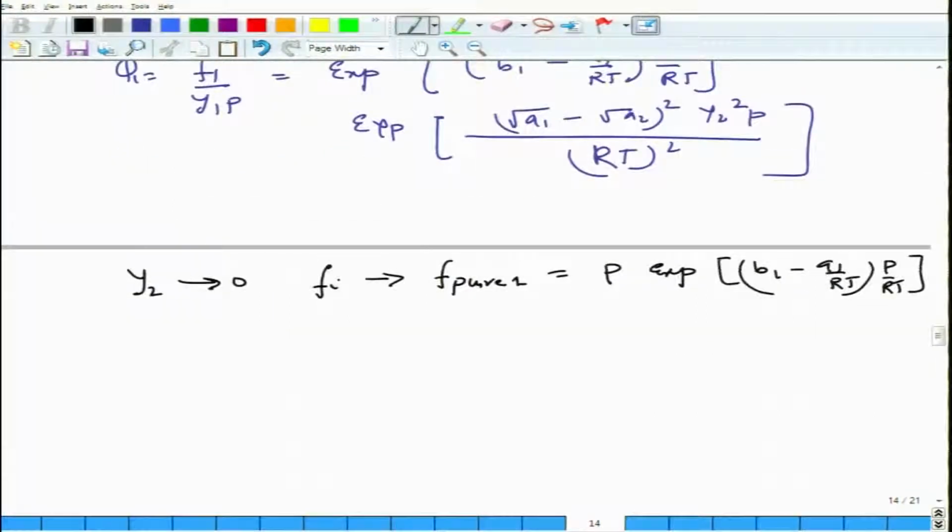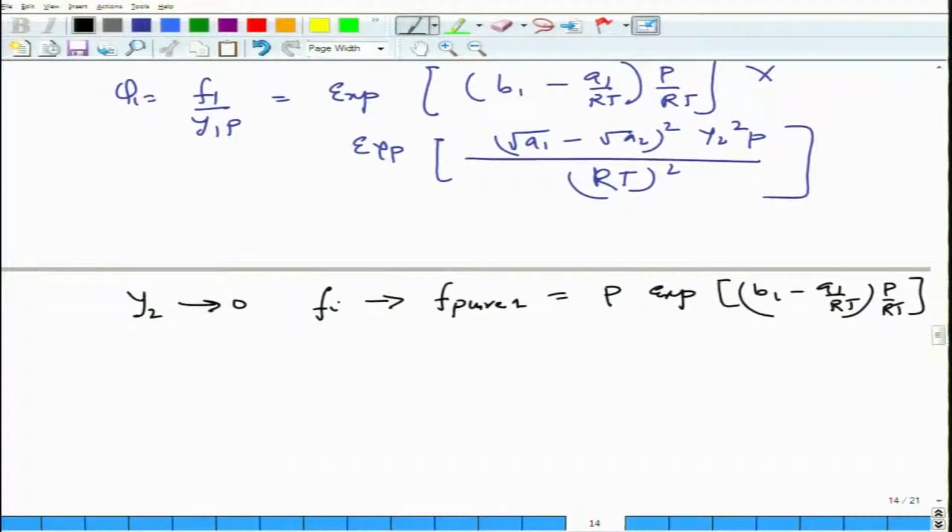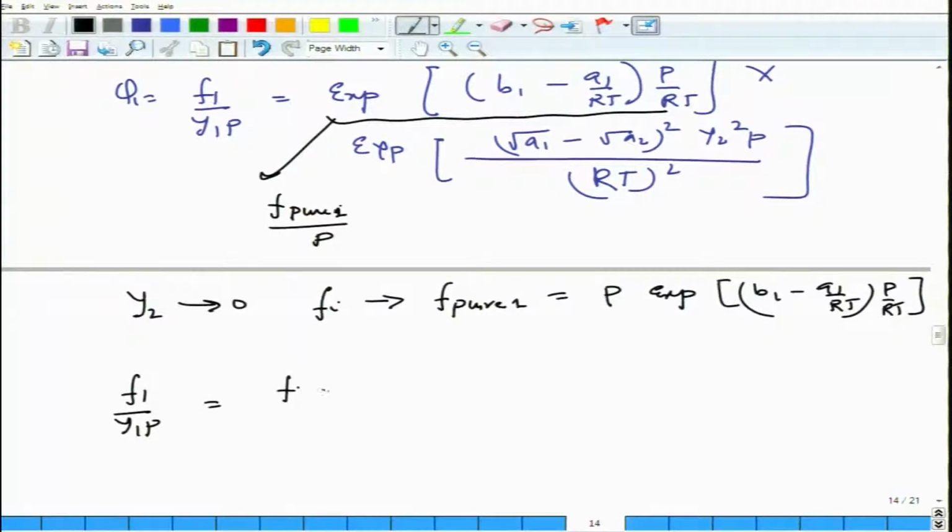Which essentially tells you that this term is nothing but your f pure 1 divided by p.